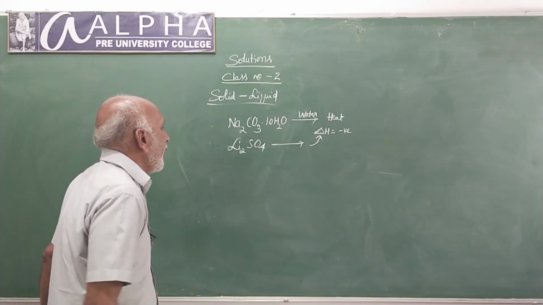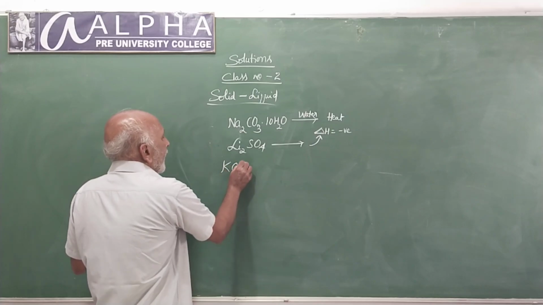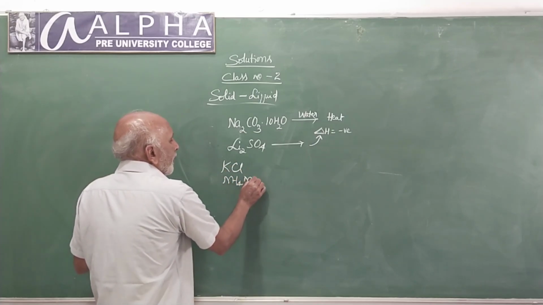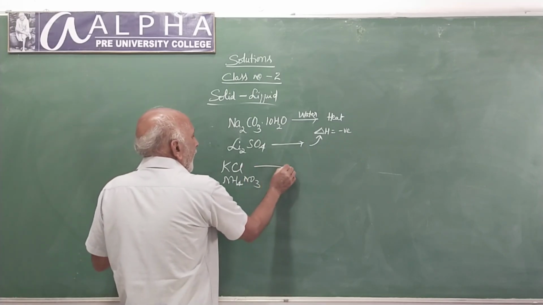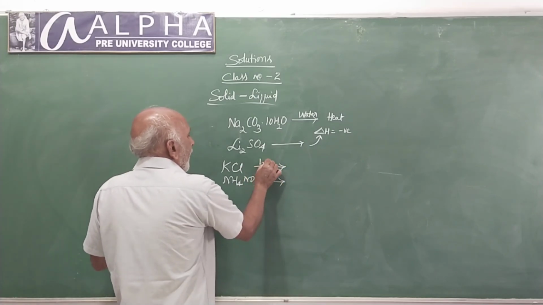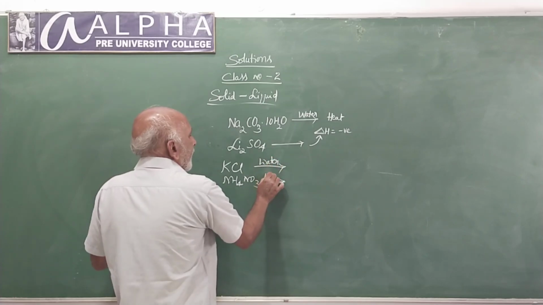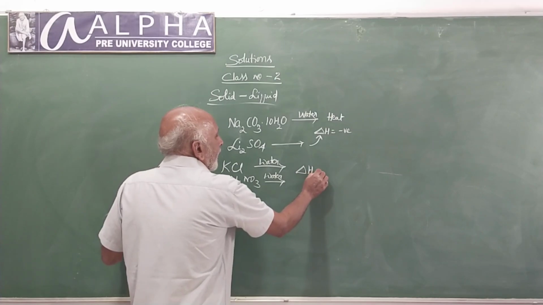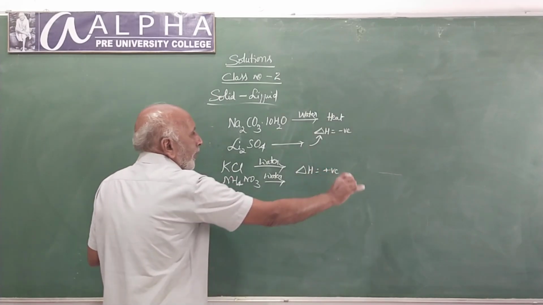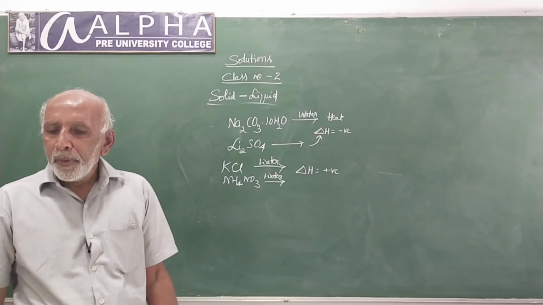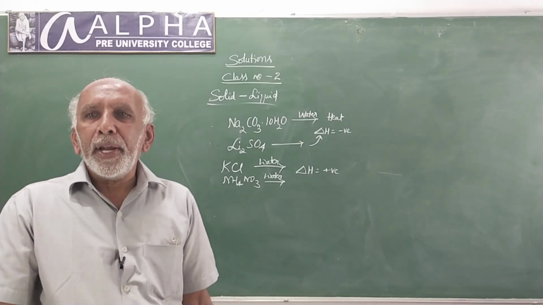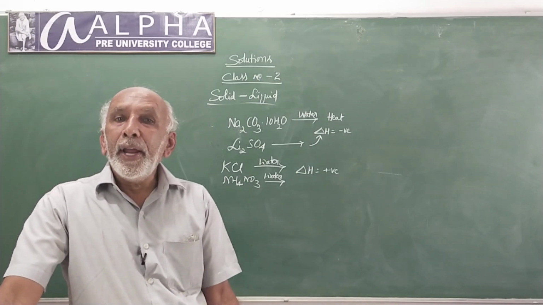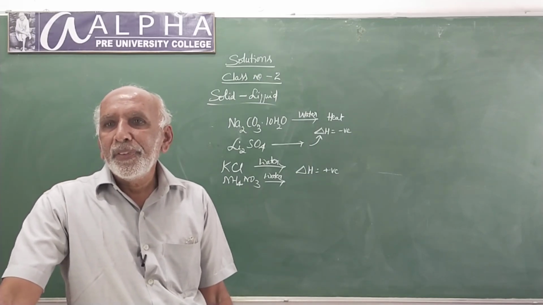Now you just say this one, KCl, ammonium chloride or ammonium nitrate, the solubility of potassium chloride, ammonium nitrate or chloride in water. Heat is absorbed, where delta H is positive. That is, dissolution of ammonium chloride, ammonium nitrate, potassium chloride are endothermic processes.